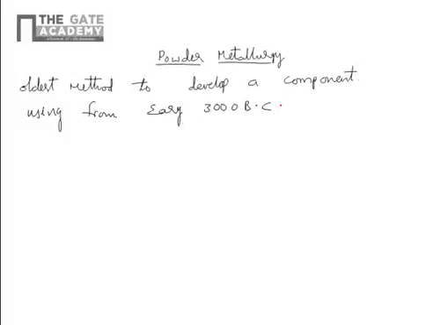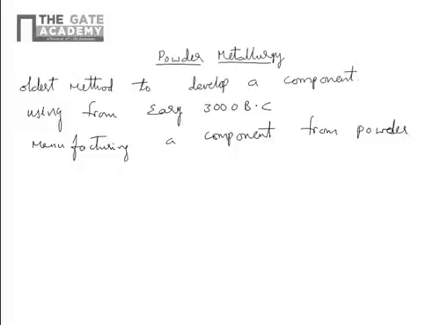So the powder metallurgy objective is manufacturing a component from powders. Only metal powders are used.